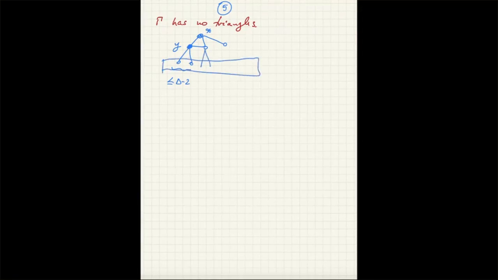Similarly, the other vertex Z also has at most delta -2. This one also has at most delta -2. This other vertex has at most delta -1.